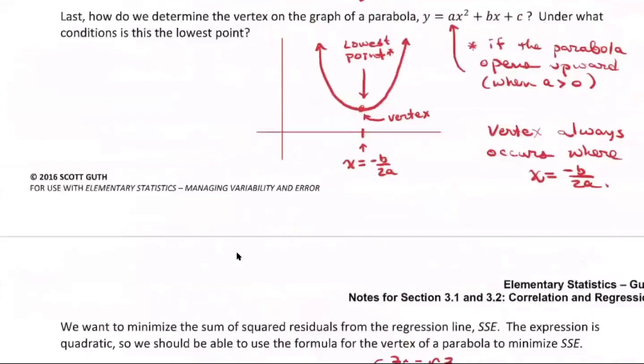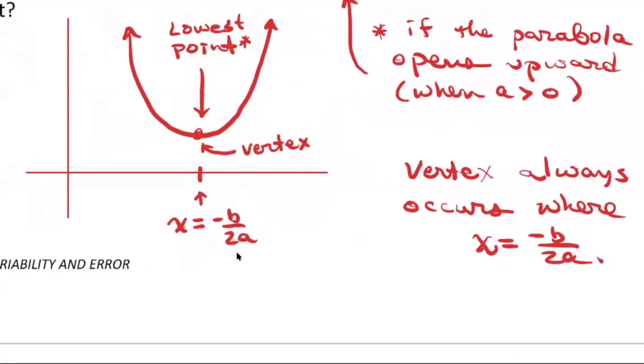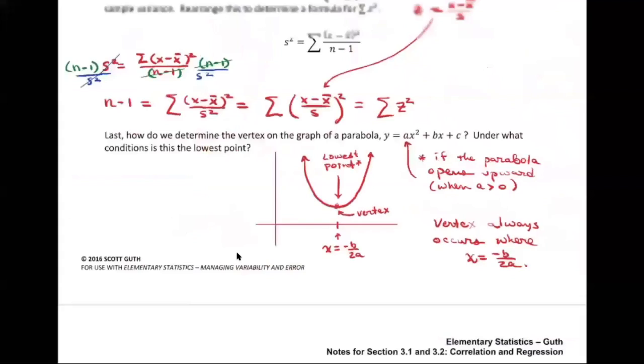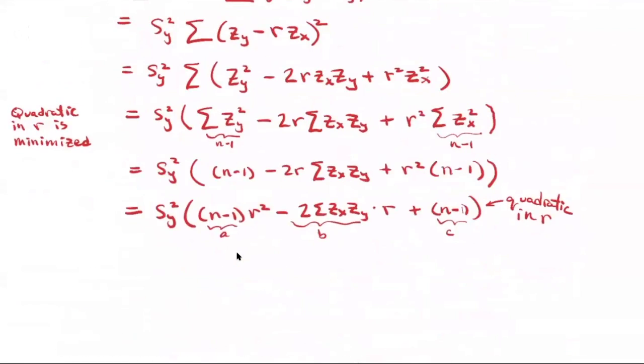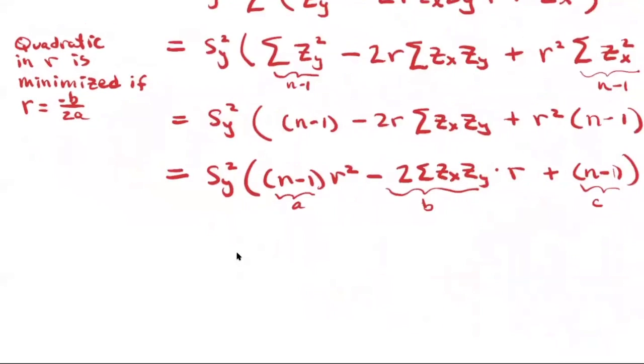That's the graph of the quadratic. So to minimize the point on a parabola, you have to go to the vertex where x is negative b over 2a. So I don't mean x here, I mean r. So this is minimized if r is negative b over 2a. Okay. So using the a, b, and c here.